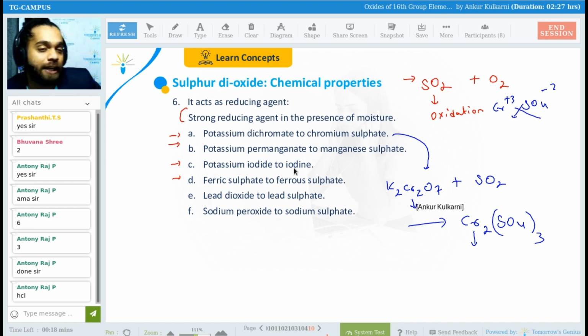Now the X method you use for this rule. Tell me the oxidation state of chromium in K2Cr2O7. For Cr2(SO4)3, it is plus 3.